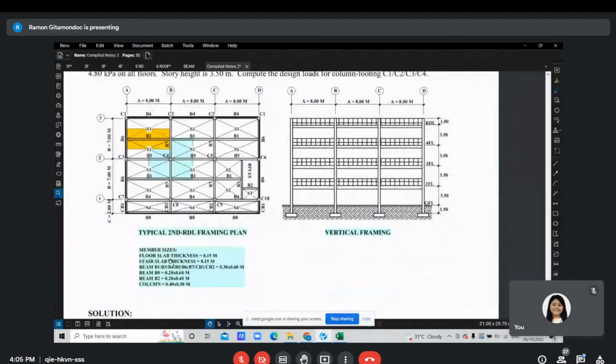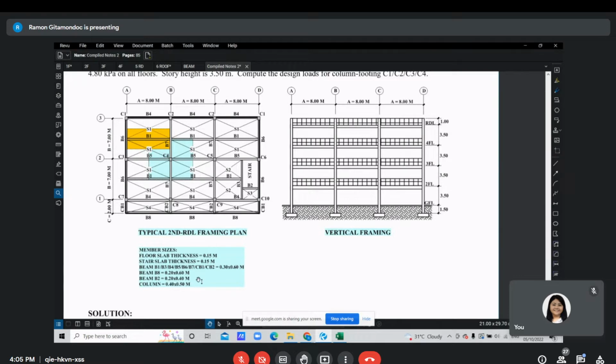So for the member sizes, let's assume the floor slab thickness to be 0.15 meter thick. The stair slab thickness is 0.15 meter thick. Then beams B1, B3, B4, B5, B6, B7, including the cantilever beams CB1 and CB2, let's assume the size to be 0.3 by 0.6 meter.